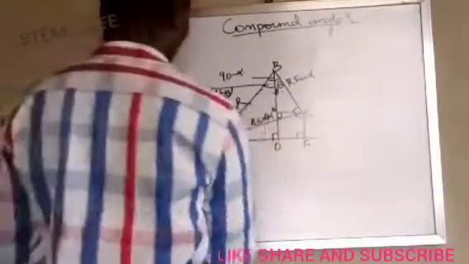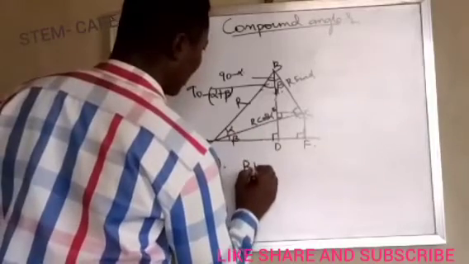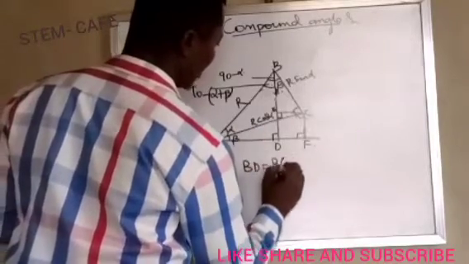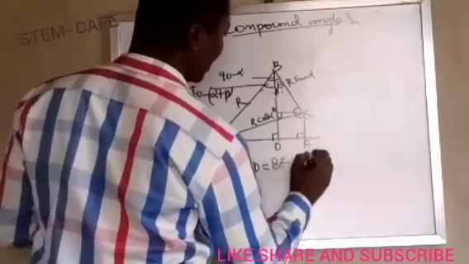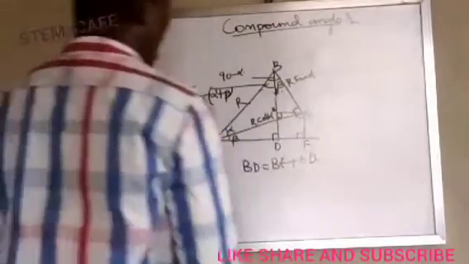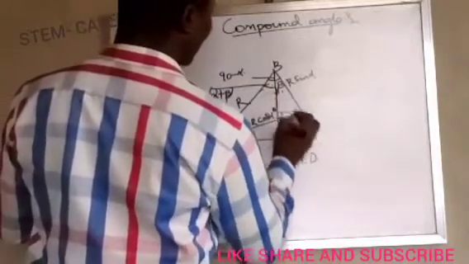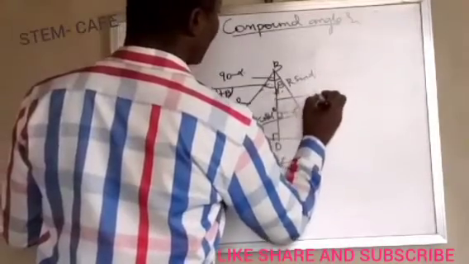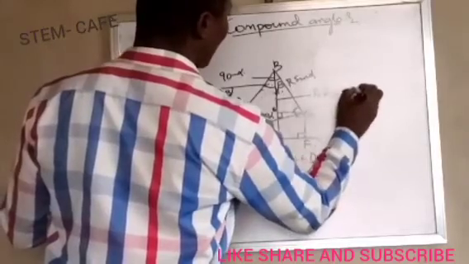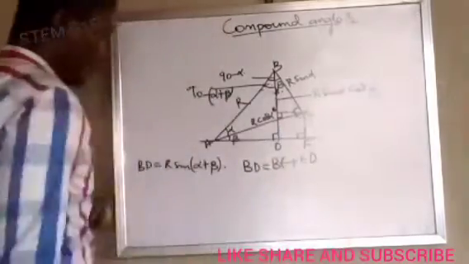Now, BD will be equal to BE plus ED. BE from this triangle here is r sine alpha cos beta.